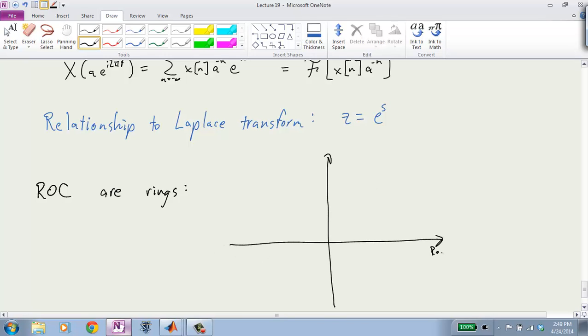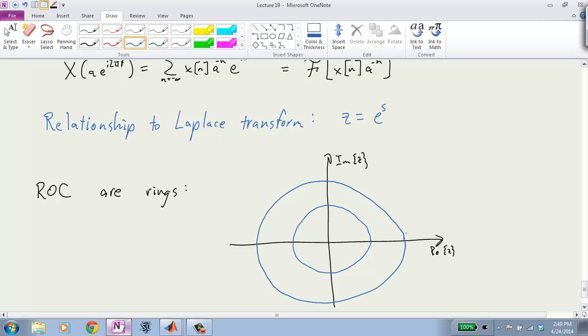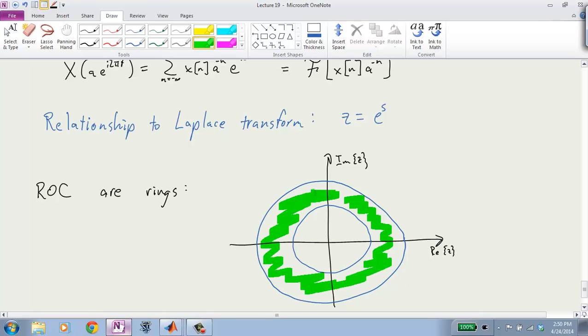You have a real part of z, imaginary part of z, and now you've got boundaries of your region of convergence that are circles. And maybe you've got two boundaries, or maybe one of the boundaries doesn't exist. Let's draw that better. And the region of convergence is between two boundaries like this. Okay, so it's a different region of convergence. Before it was a vertical strip, now it's this.